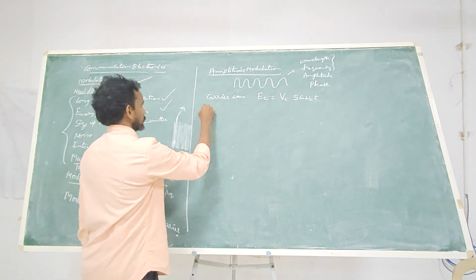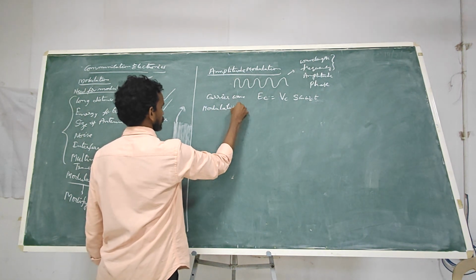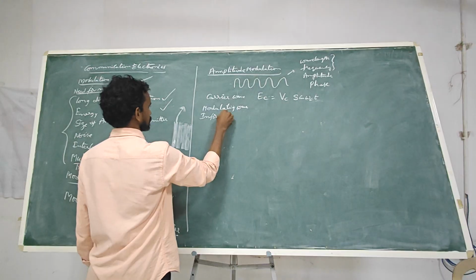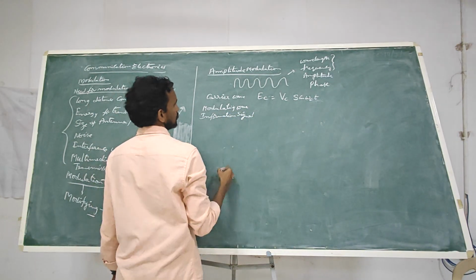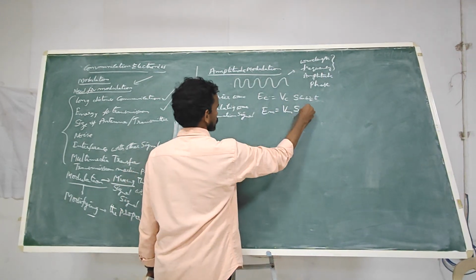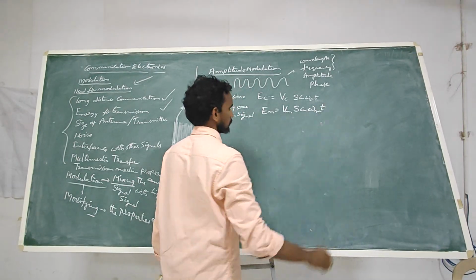And I am considering a modulating wave, or information signal. It is e_m = V_m sin ω_m t.